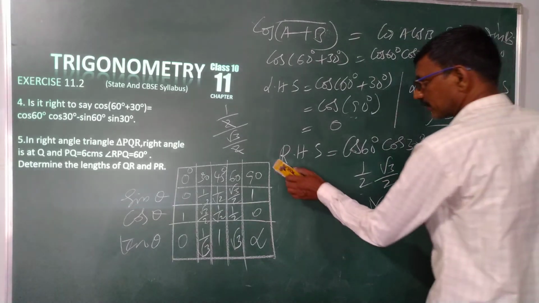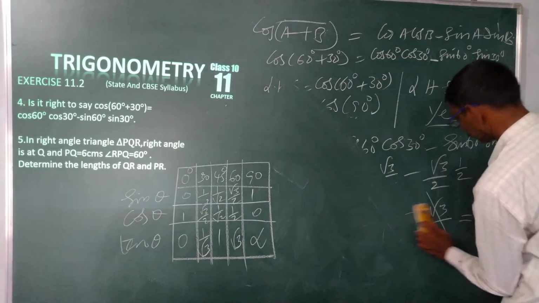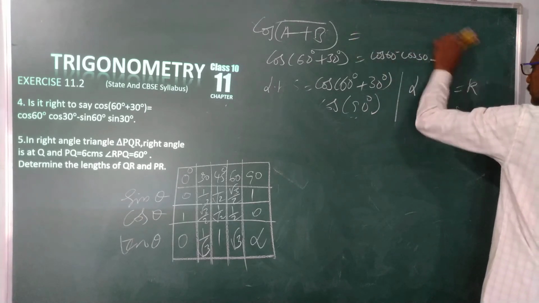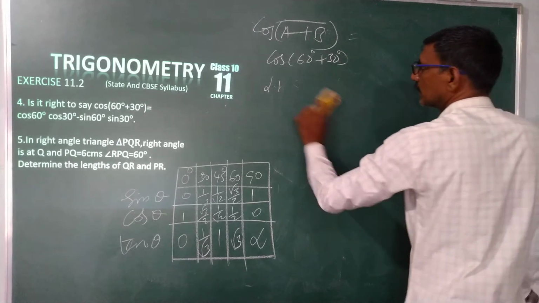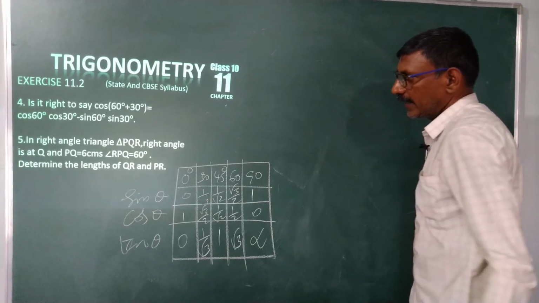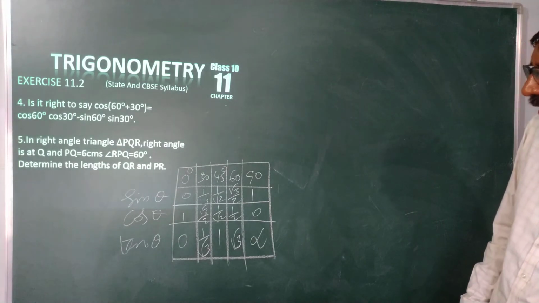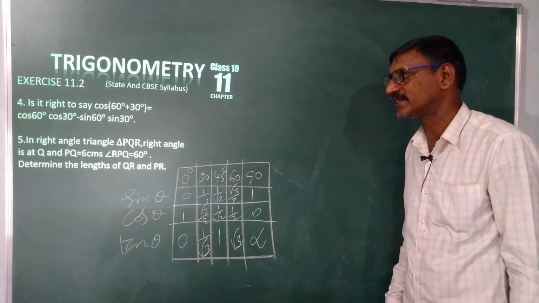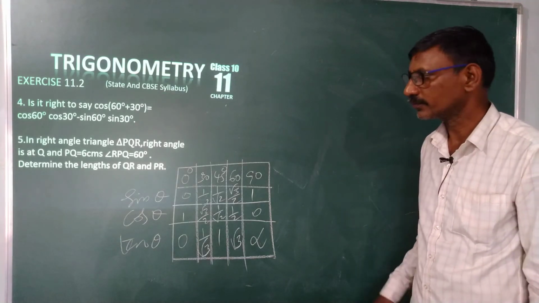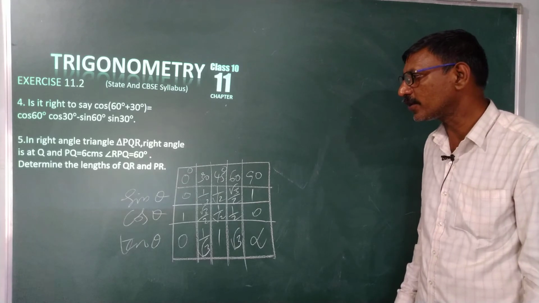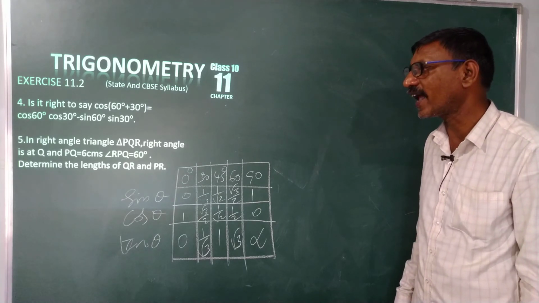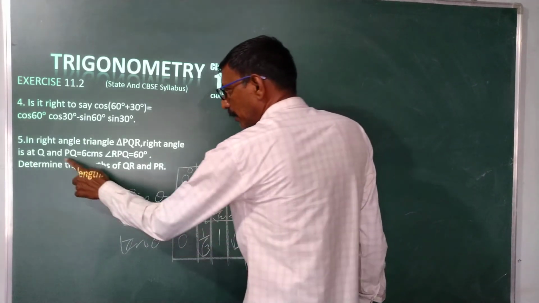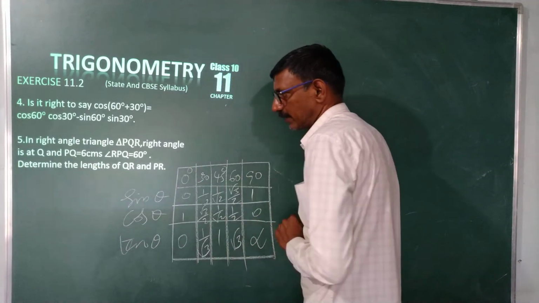Now, coming to the next problem. In a right angle triangle PQR, right angle at Q and PQ is equal to 6 centimeters.